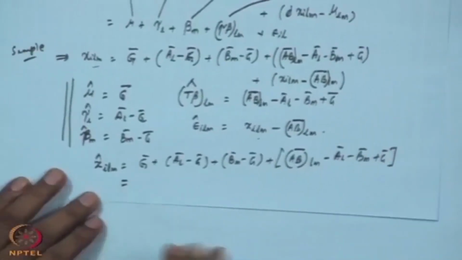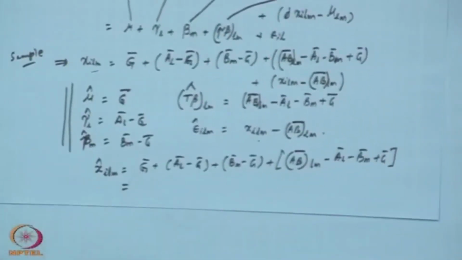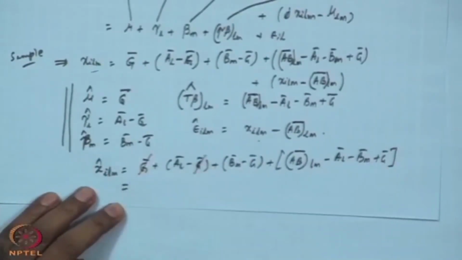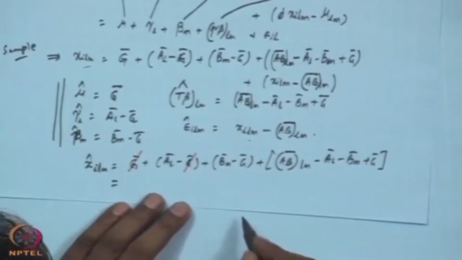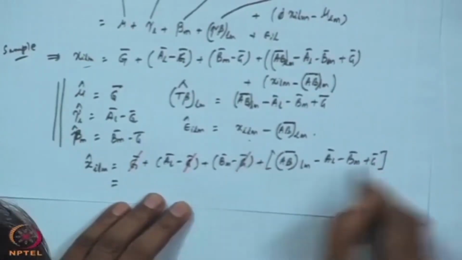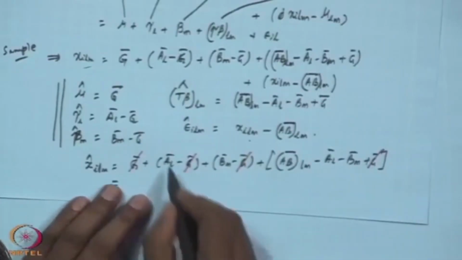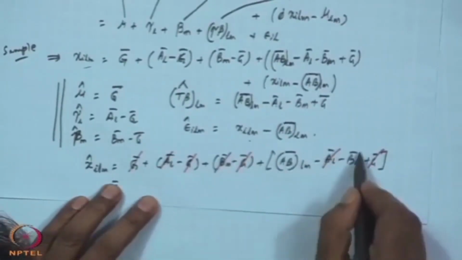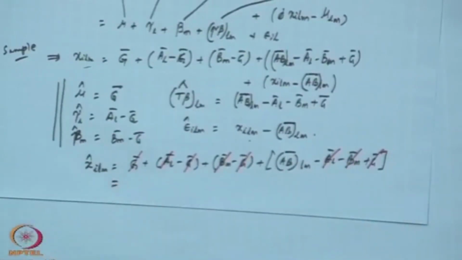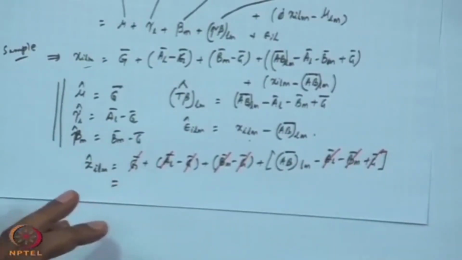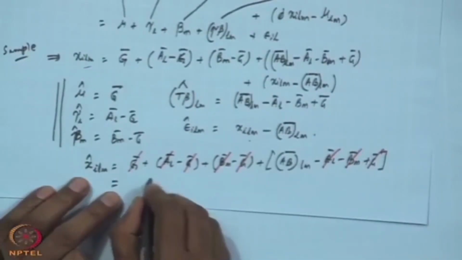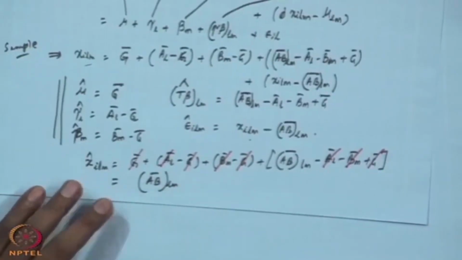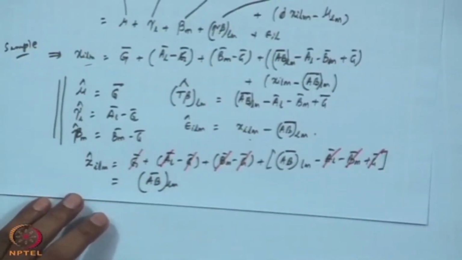What will happen here is that a few things will cancel out. G bar will cancel out. One more G bar is there, and this G bar will cancel out. A_L bar plus and minus will cancel out, B_M bar plus and minus will cancel out. So, ultimately what remains is AB bar LM. This is the predicted value, correct.